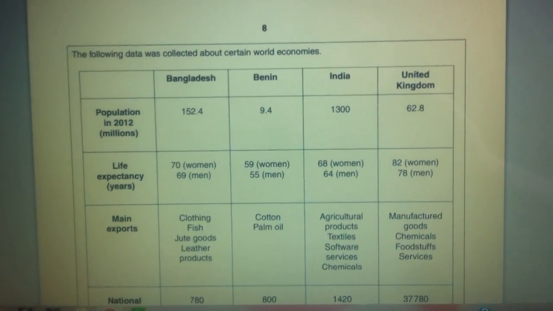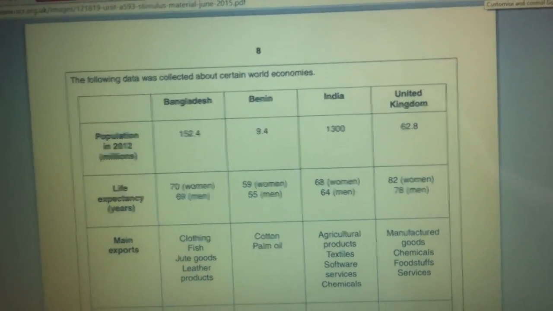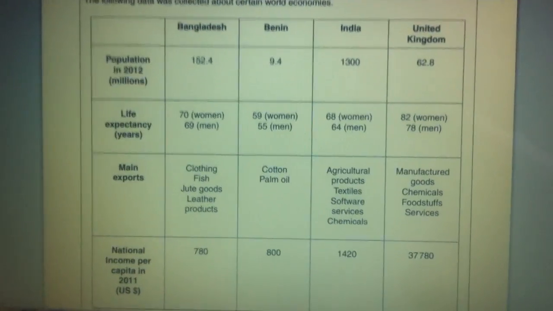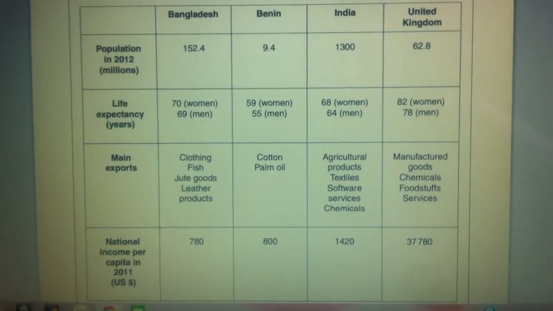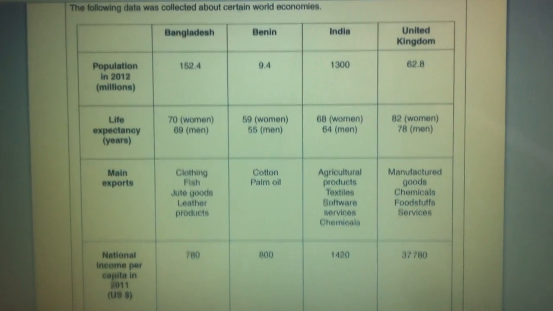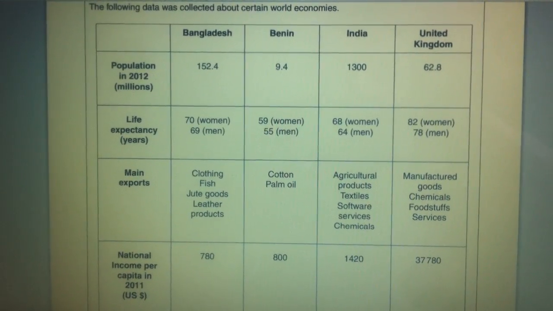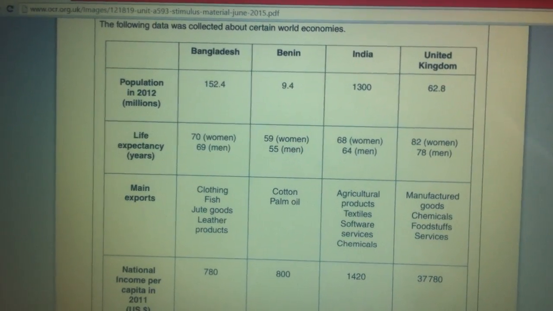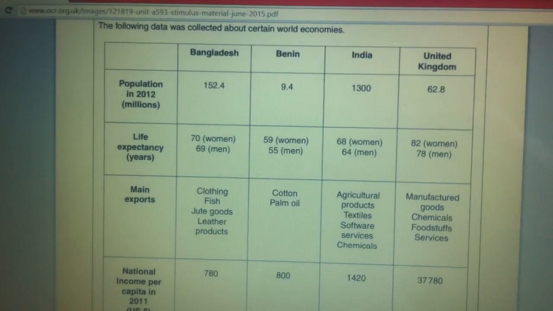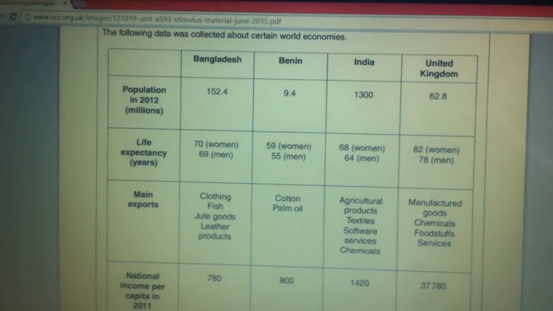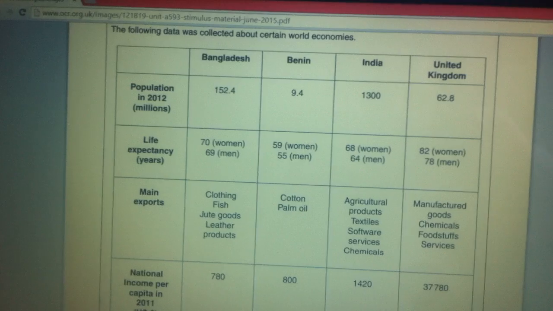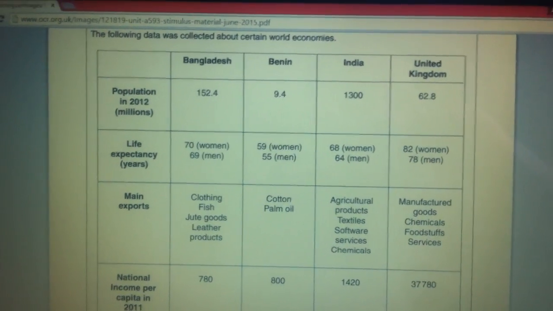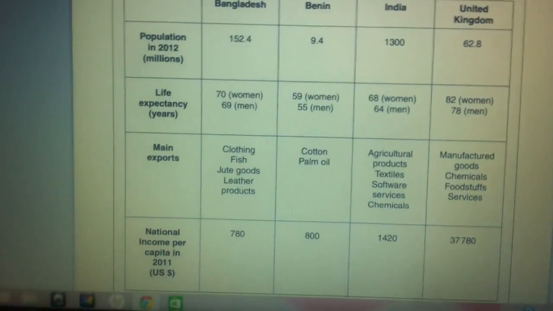Right, let's now move on then to the main exports. Now I think here you need to be aware of the difference between the primary sector, the secondary sector and the tertiary sector. The proper definition of the primary sector is that it comprises goods which come from the gifts of nature, so from the Earth's surface, from beneath the Earth's surface and from the oceans. That's like farming, mining, fishing.